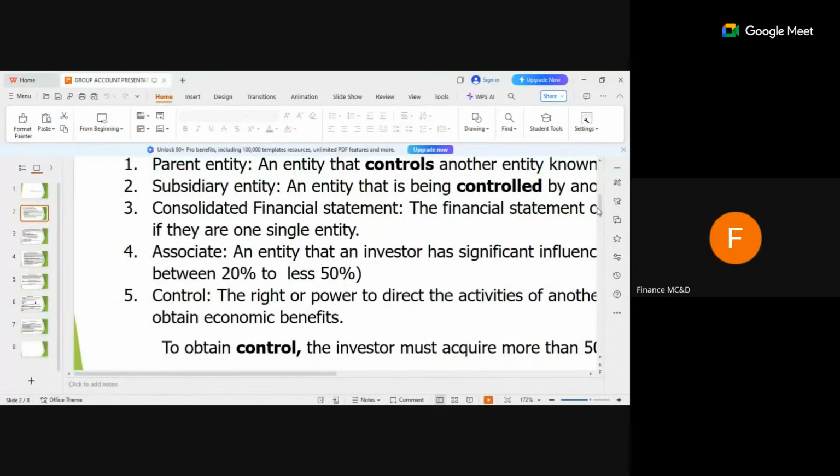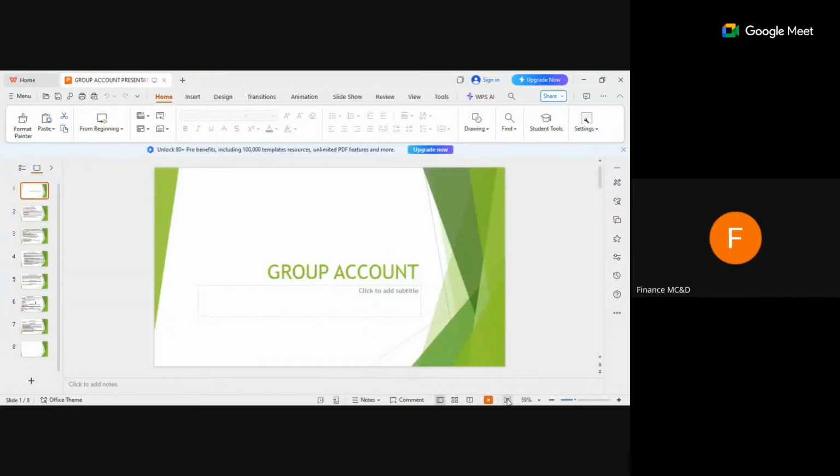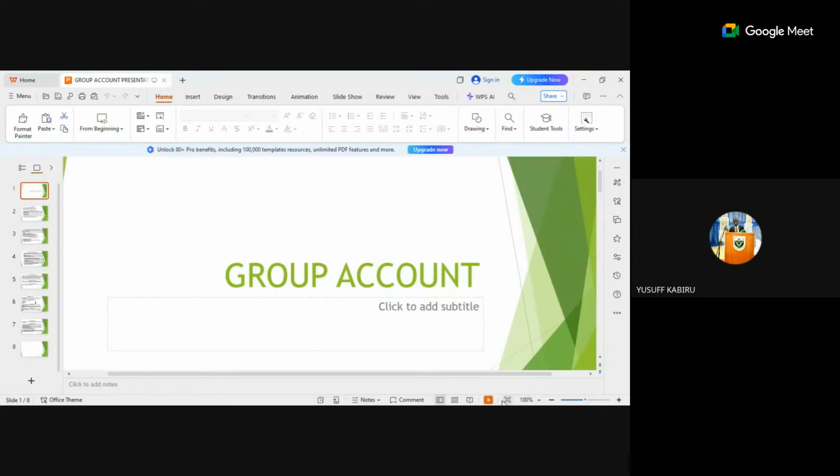Click on the presentation mode. Presentation mode is the one beside the percentage. That percentage, they have 172. Just click on that, and it will go to presentation mode. No, that one. Before that one.